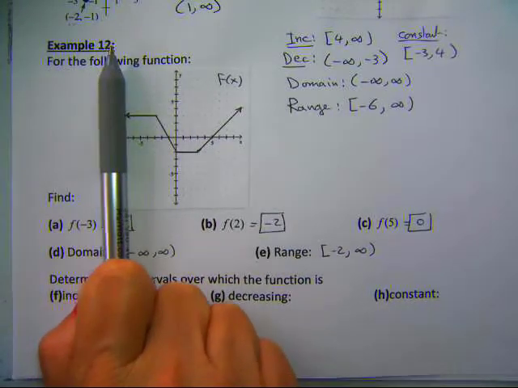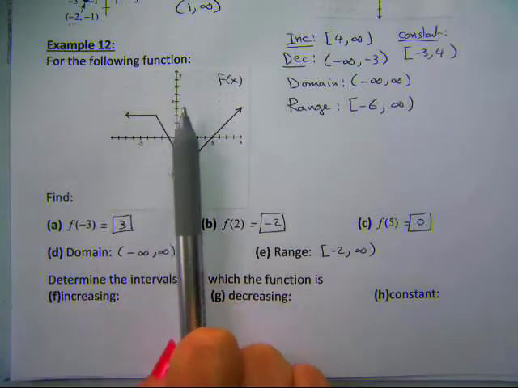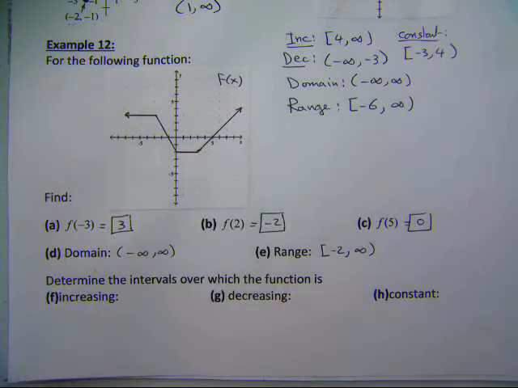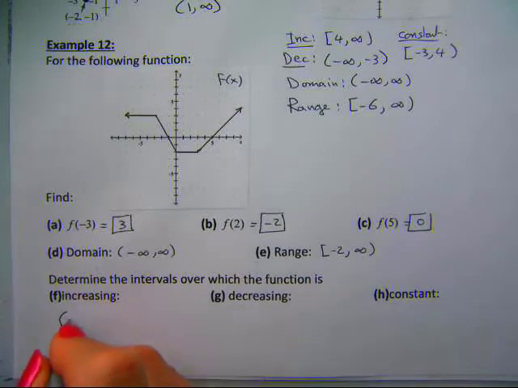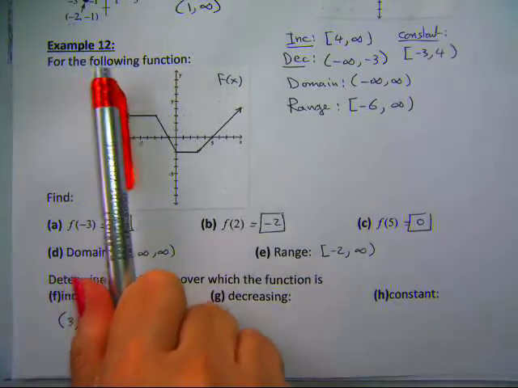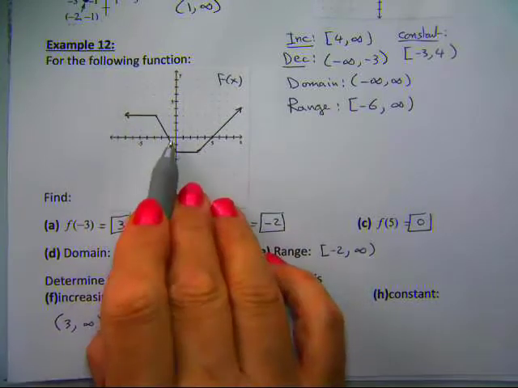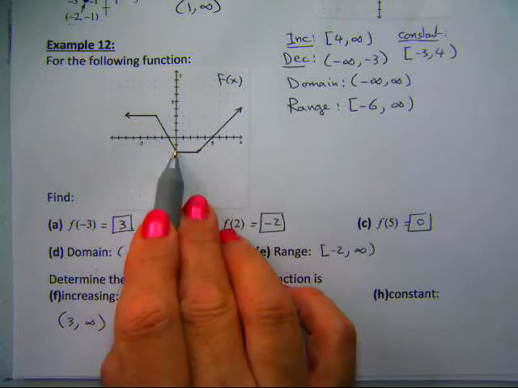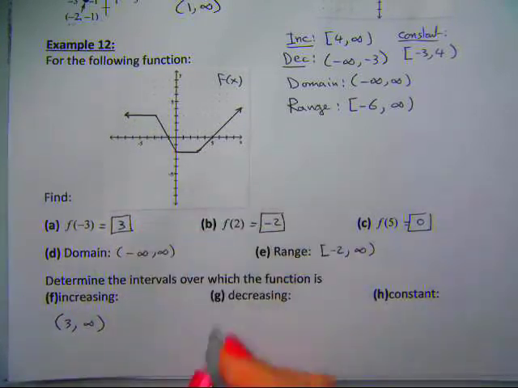Scanner left to right. So it is increasing from x is 3, open on 3, to infinity. Decreasing, it is from negative 3 to, the x is 0 here.